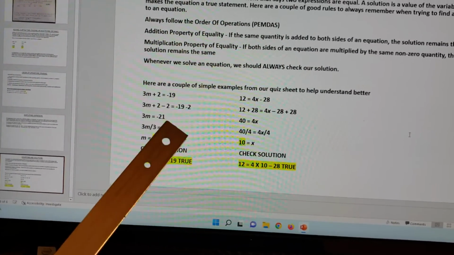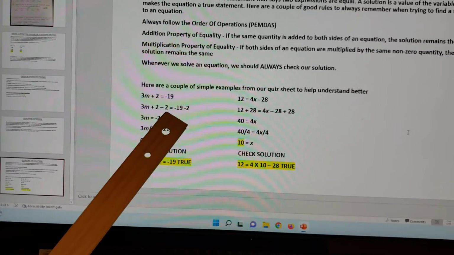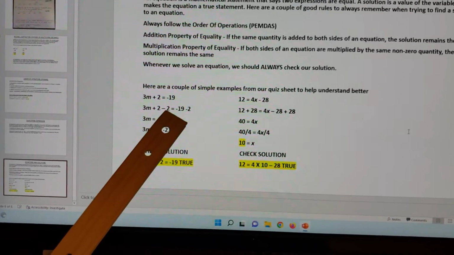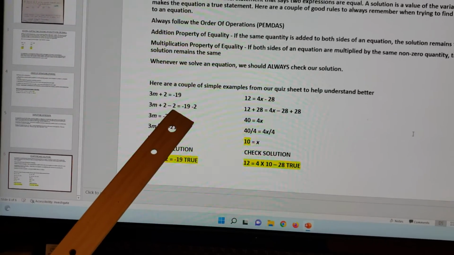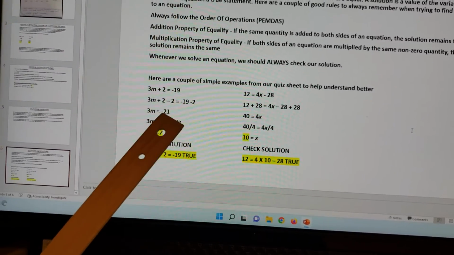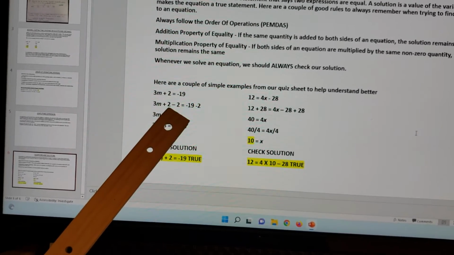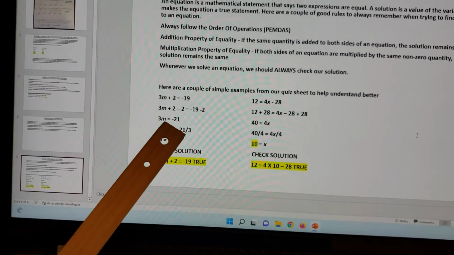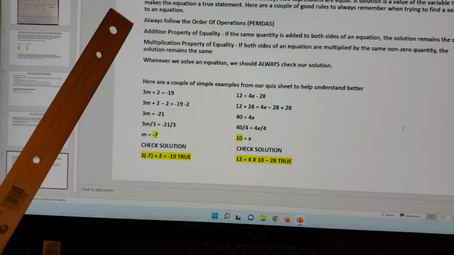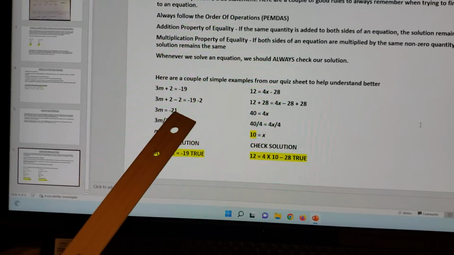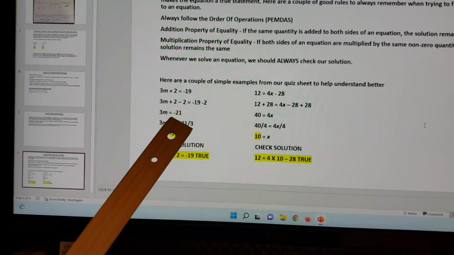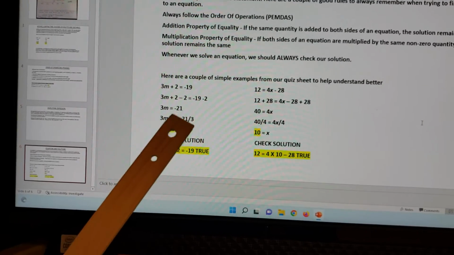As you can see, I did the same thing on each side. I subtracted 2, which gets rid of the 2 on this side of the equation. That's the addition property of equality. So that becomes 3m equals -21.